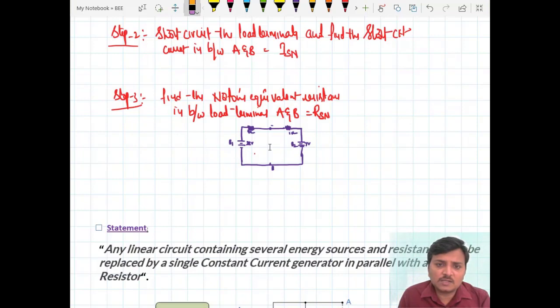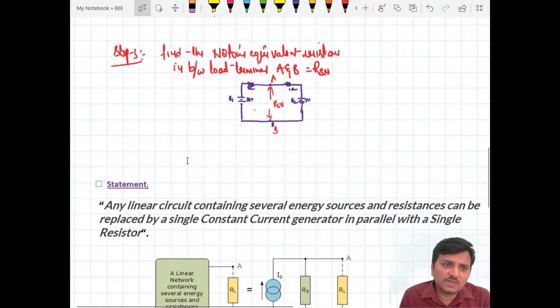Now, at your terminals A and B, you find the resistance in between these terminals A and B, RSN. So that is your step 3. Now we'll go to step 4.